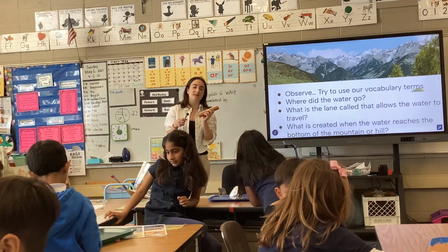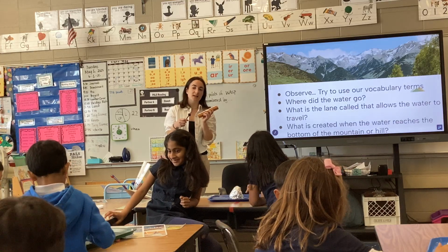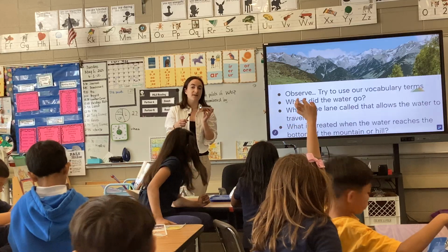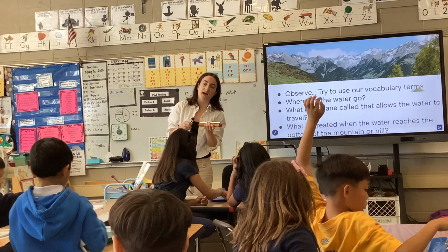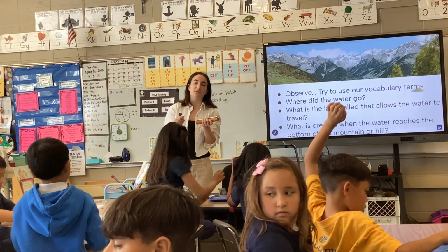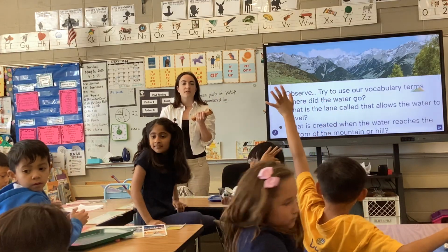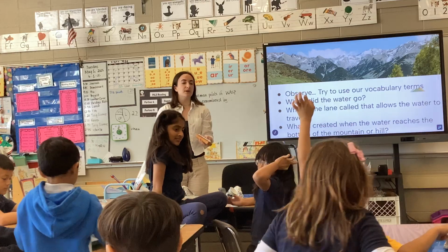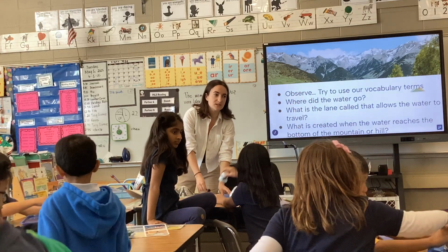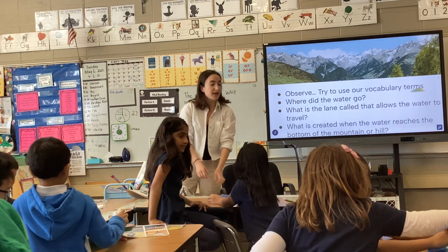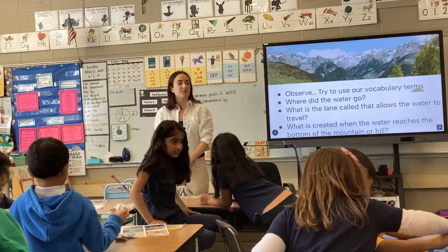It looks like Hansel and Kai's group made a river down the mountain. And so did Logan. Did anyone make a stream down the mountain, which is a smaller river? Okay, Quincy's group made a stream down the mountain.